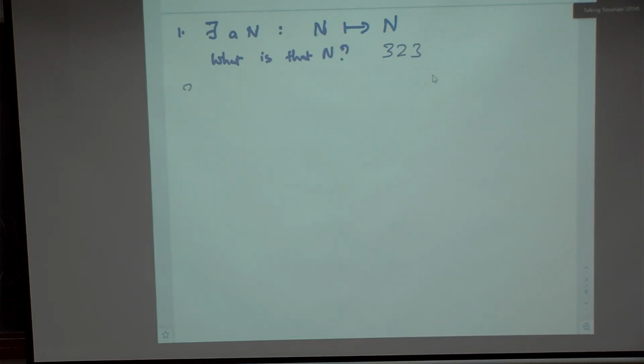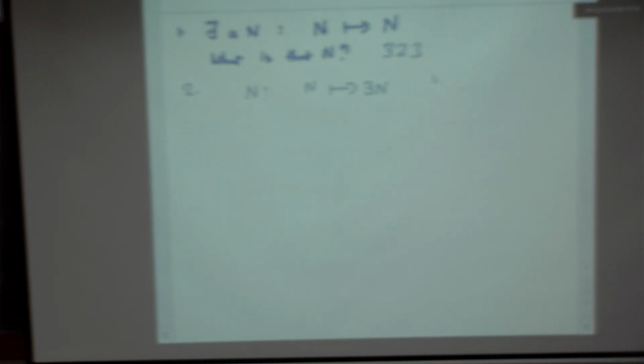The next question. Now I want to find the n such that when you give n as the input, you want 3 followed by that number as the output. Not 3 times the number. So it's that number plus 1 more digit on the left, and that extra digit should be a 3.